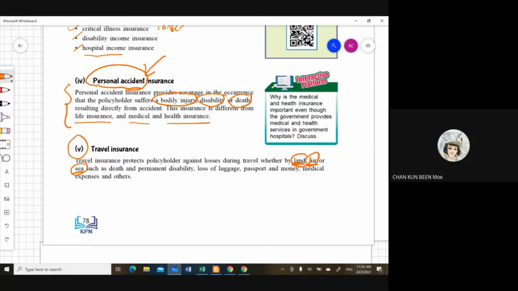I can talk about the luggage cover because it happened to me when I traveled to Taiwan. I couldn't find my luggage on arrival, so I had to make a report over there. Luckily I bought the insurance, so they covered it, but they only cover a few days until you get back your luggage.